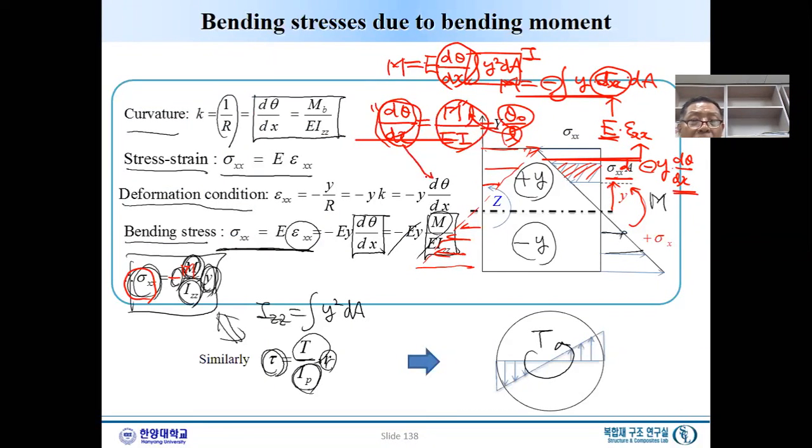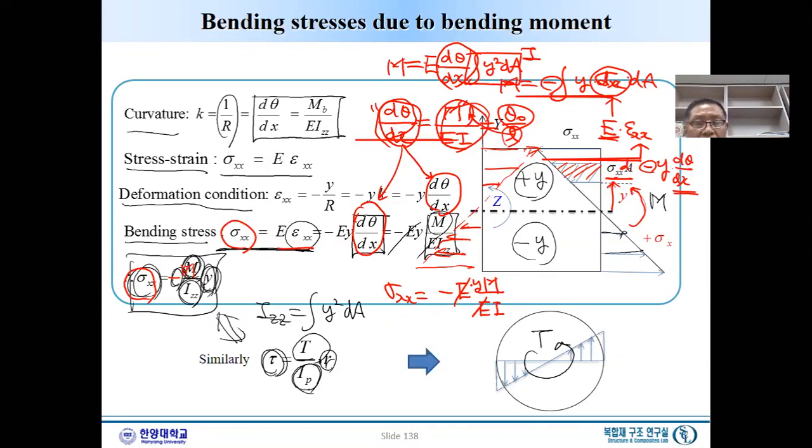We can put this back to here, so we can get it back. Sigma x equals minus E times the moment over EI, as you can see here. So this disappears.